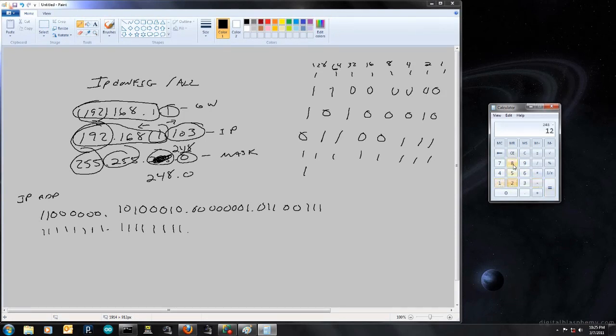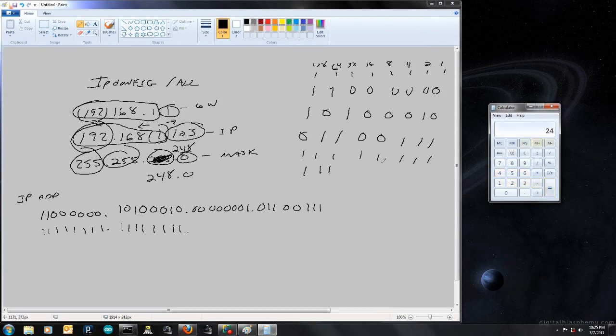248 minus 128 equals 120. So there's 120 left over. Minus 64 equals 56. So that's 32. Wait a minute here. Start over. 248 minus 128 minus 64 minus 32.